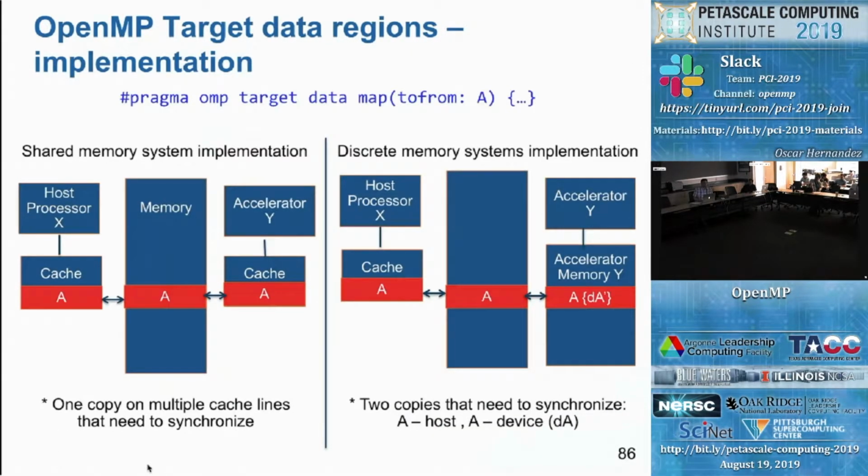This is just a very simple view of the accelerator model, where we can map the target either to systems that have distributed memory between the host and the accelerator. Basically, for example, systems where the accelerator has its own memory, we can use that, or systems where we have, for example, unified memory, where multiple accelerators are sharing the same memory as the host, we can use OpenMP target as well.